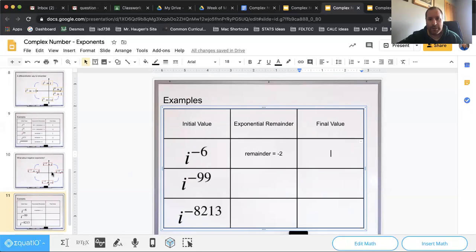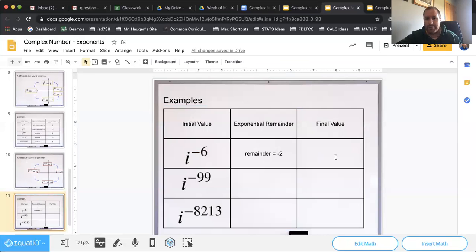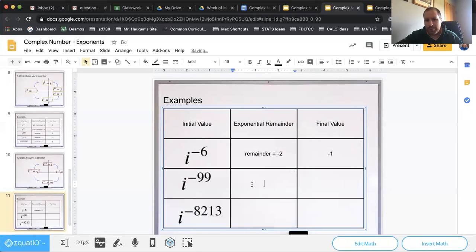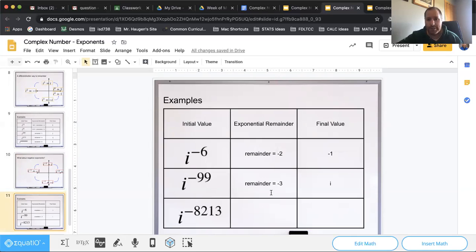So then for the final value, I could again go here, back 1, back 2. That's actually negative 1, and so we can go through there. Here we just find the remainder each time, right? Negative 99 gives us a remainder of negative 3. So that would give us a value of positive i, because that's up here. Here's negative 3, 1, 2, 3. I'm moving backwards again, right? Because it's negative.